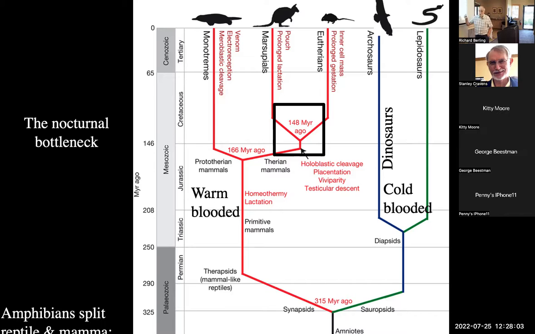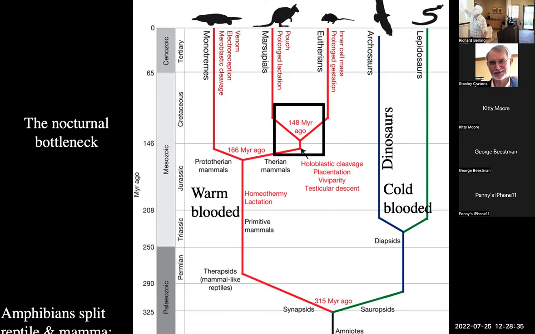So probably already, well before the split that happened here, the group of animals that were destined to become mammals probably already had a bias towards being dominant at night as opposed to during the day, which might explain part of the reason why these egg-laying mammals don't contain features that would suggest more sophisticated vision.